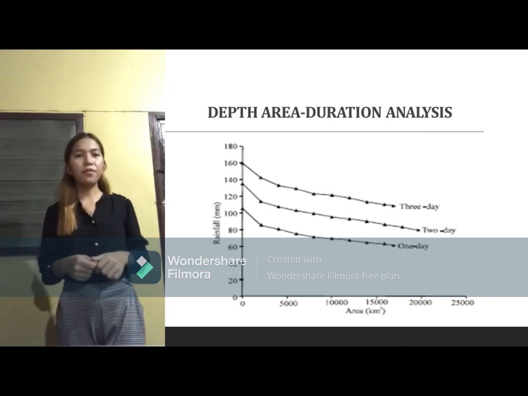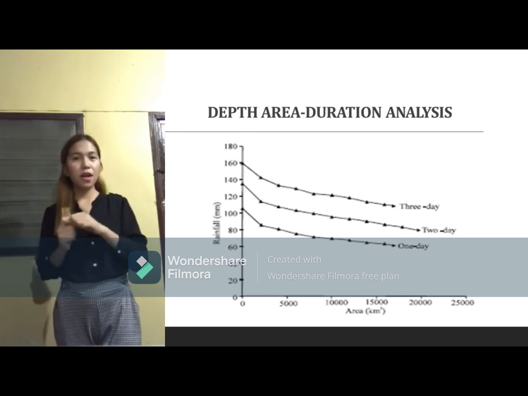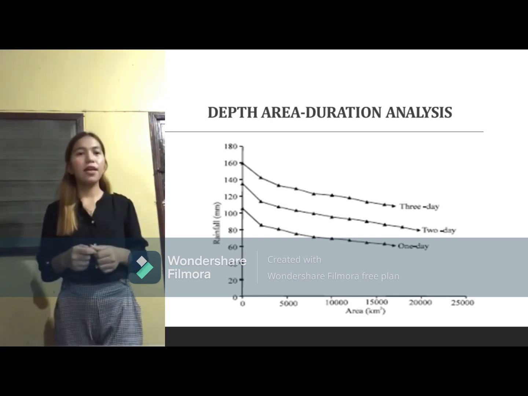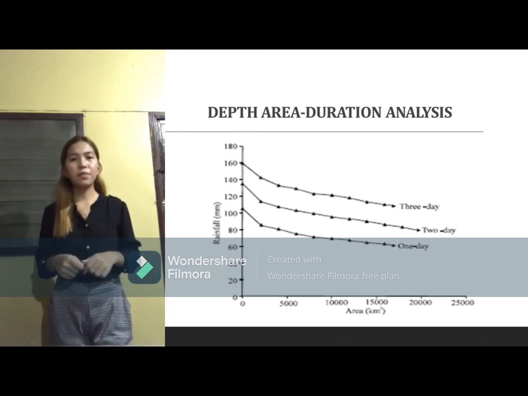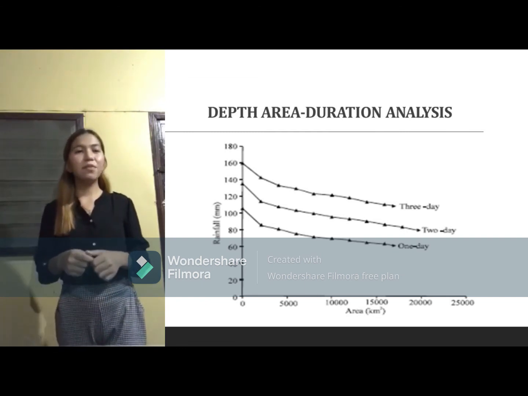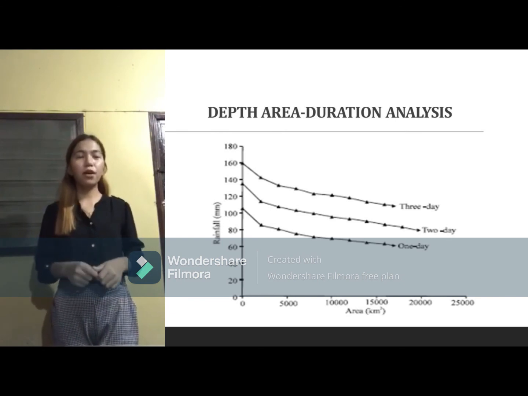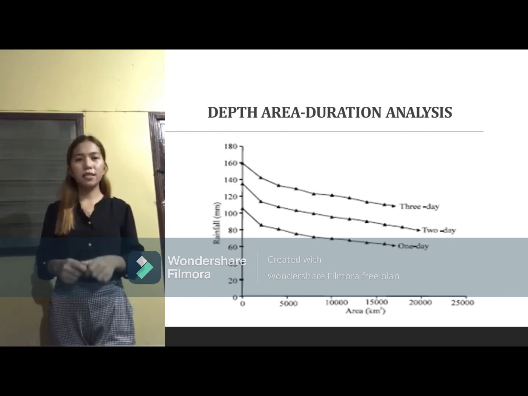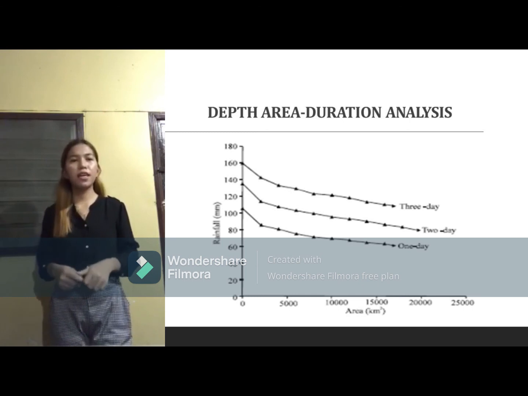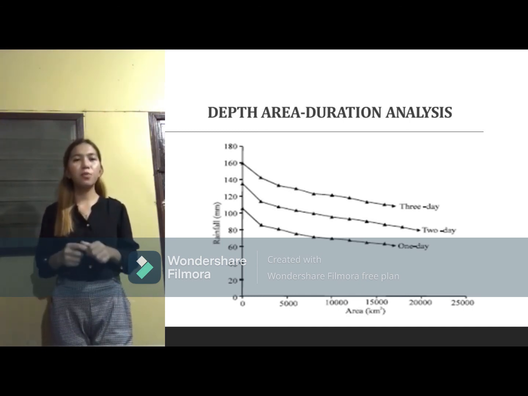Once enough rainfall records for the area are collected, the raw data can be analyzed and processed to produce useful data in the form of curves or statistical values to be used in the planning of water resources development projects.